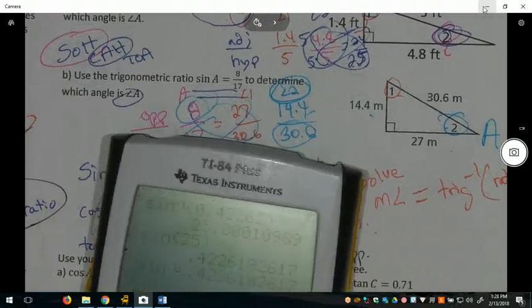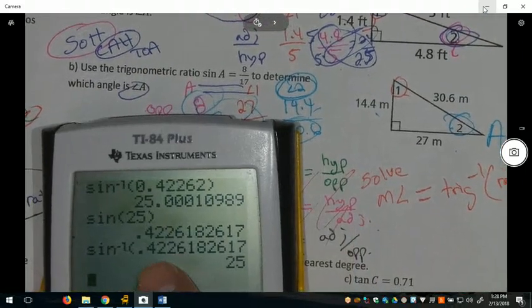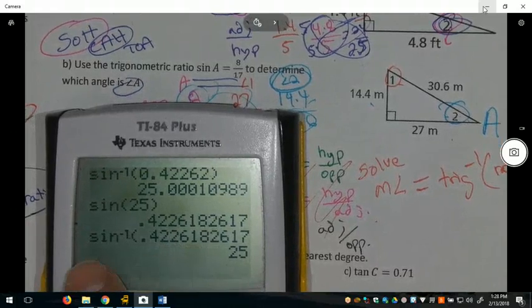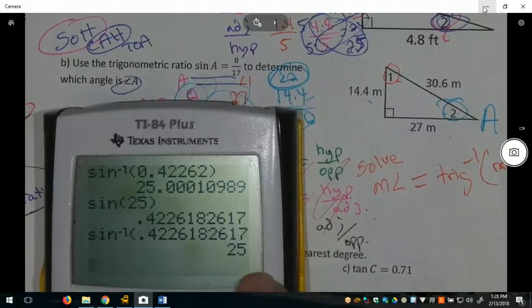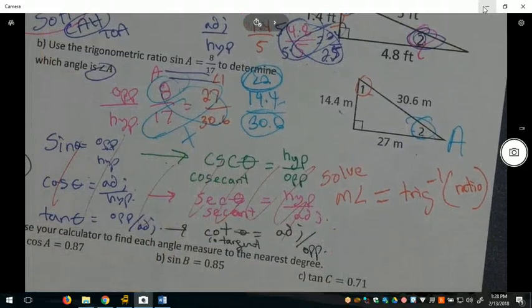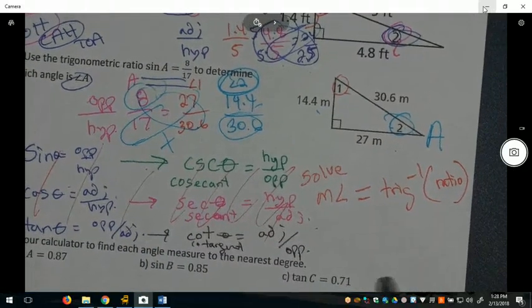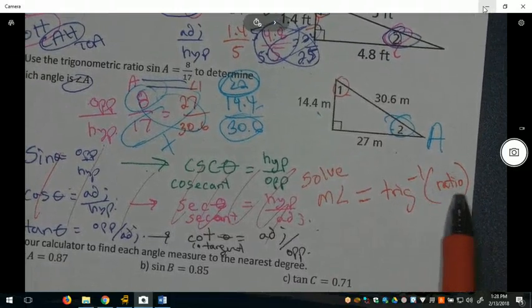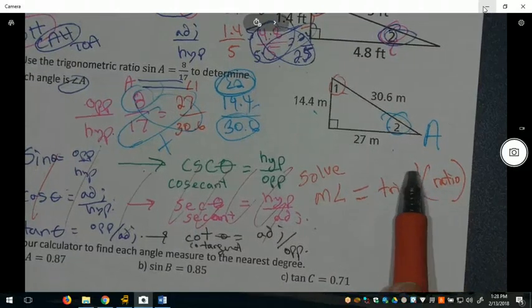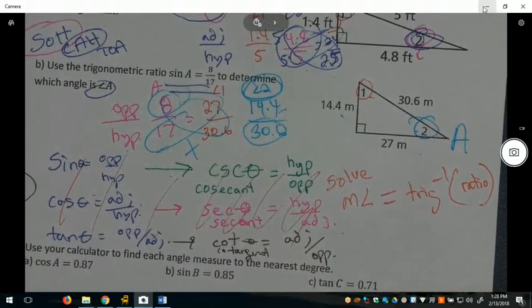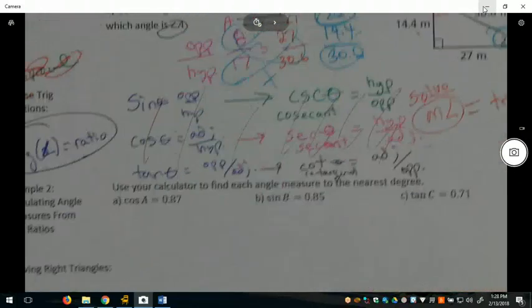That's what we did in our calculator. We knew the ratio is 0.42262, we did sine inverse of it, and it gives us the angle back. So we use regular SOHCAHTOA when we're solving for sides, and when we're solving for angles, if we know the trig ratio, we can use inverse trig functions to get the angle measure.